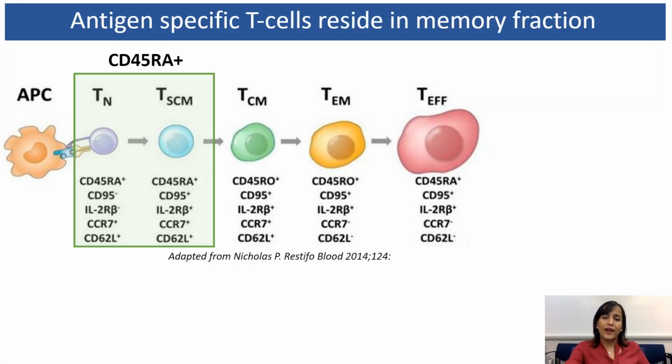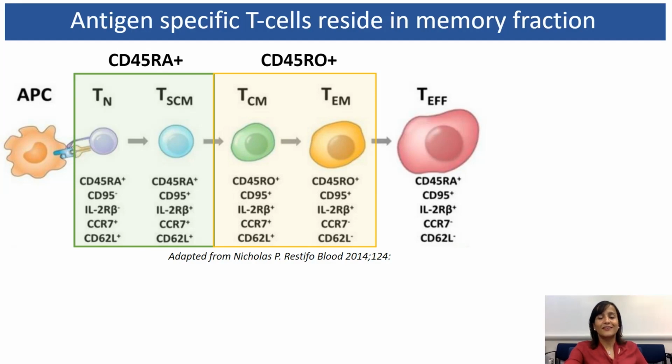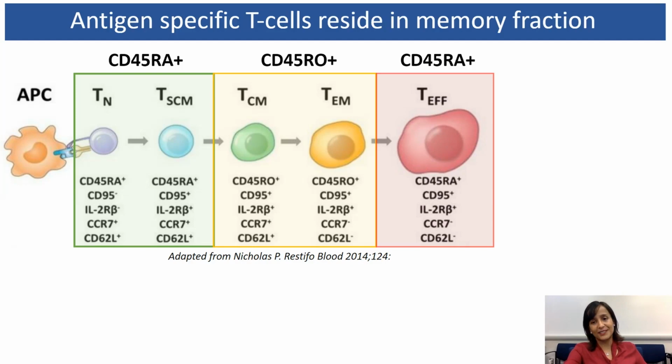And we know that the naive cells and the stem cell-like memory cells reside in CD45RA positive fractions. The memory cells reside in the CD45RA negative fraction. However, the terminally differentiated memory cells, which are supposed to be high effector but short-lived, reside in the RA positive fraction again.